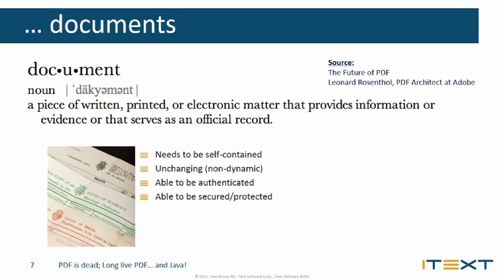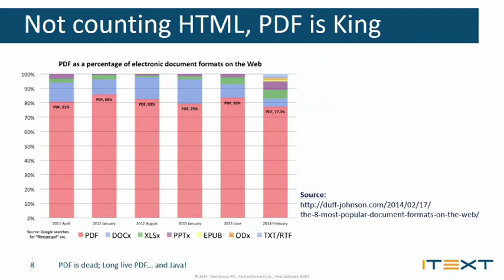If you obtain a diploma from a university, it's important that the people you share the diploma with know that it's actually the university where you studied that issued it. You also need to be sure that the document can be secured or protected so that it doesn't change over time, like a contract where you promise somebody to pay him $100 an hour, you can't change it to 50 or 150. So there's a difference between documents and publications.